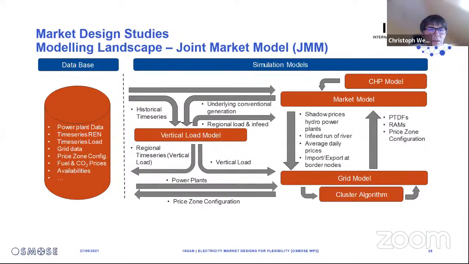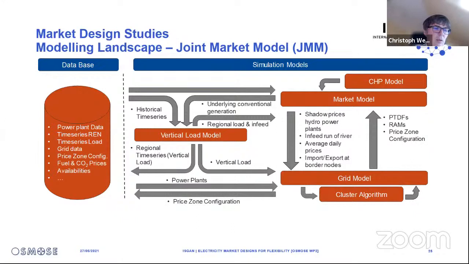We have a specific model component called the vertical load model that helps us to model both load and renewable infeed at a granular level that is also suitable for nodal modeling, as we will see in the next case study. Then we have the market model, which is the JMM, which is supported with a specific tool to model in detail the use of CHP and also power to heat in district heating systems.